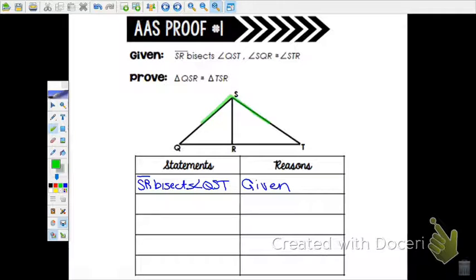QST is being bisected by SR. So that tells me that I have congruent angles. Angle QSR is congruent to angle TSR. And again, that's my definition of angle bisector.